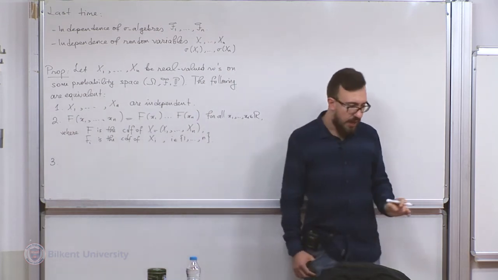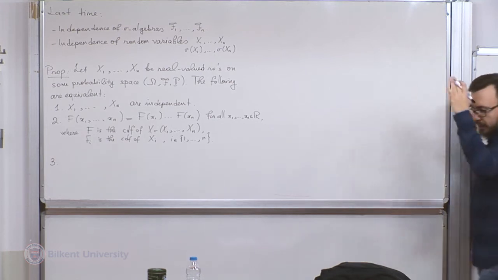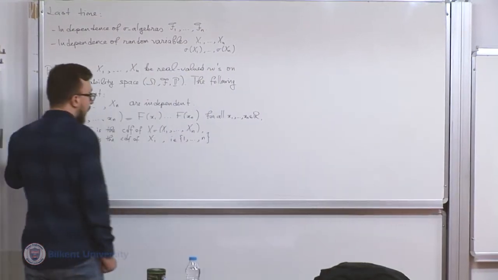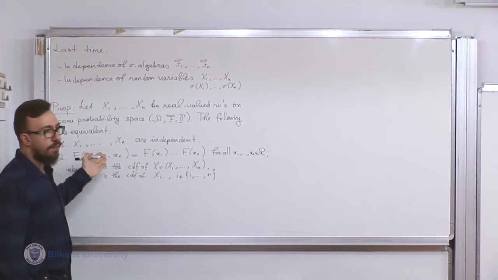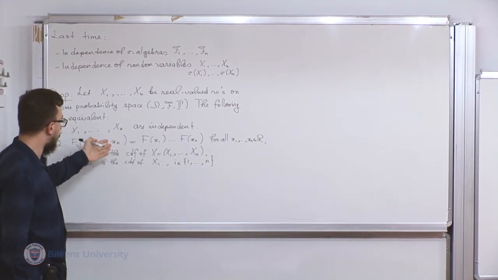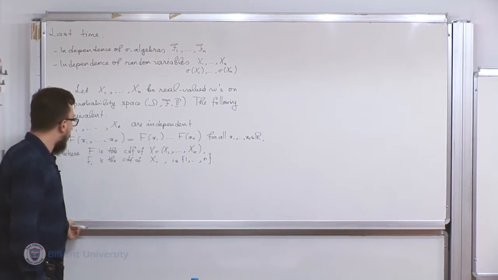So we already had some general theorem about the independence of random variables, and we had 4, 5, 6 conditions there. I don't want to repeat them. I'm just adding new properties that are only valid for real valued ones, because we can talk about cumulative distribution function when we have real valued ones. Okay?